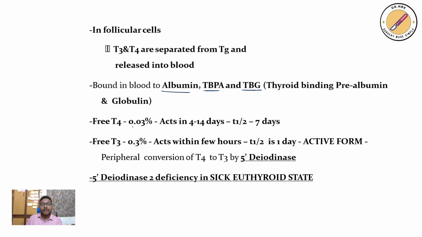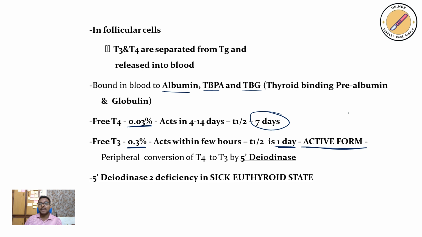Normally free T4 is present 0.03%, whereas free T3 is present somewhere 0.3%, and the half-life of T4 is 7 days, whereas the half-life of T3 is 1 day. This is the actual active form.